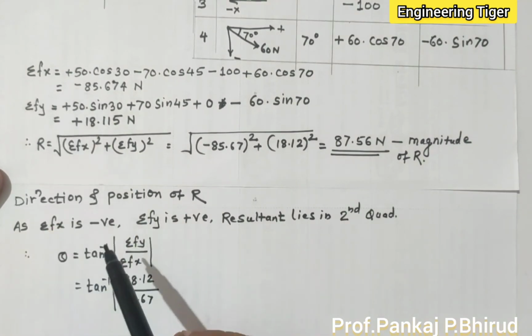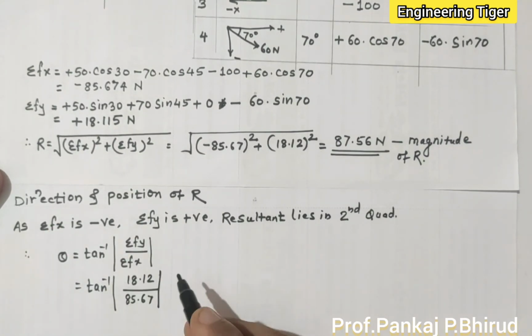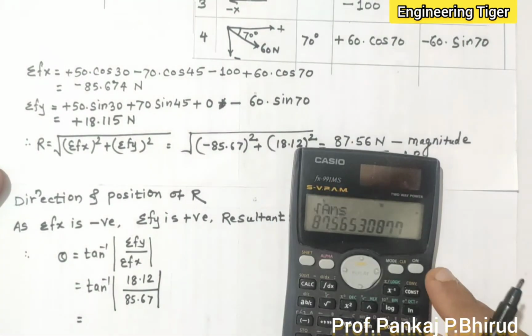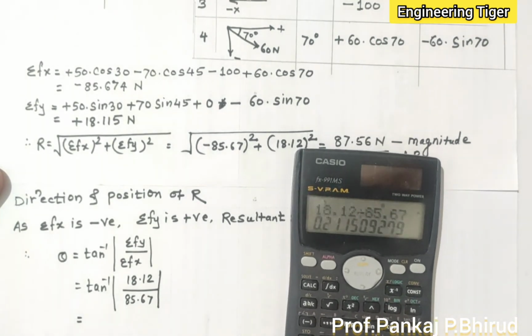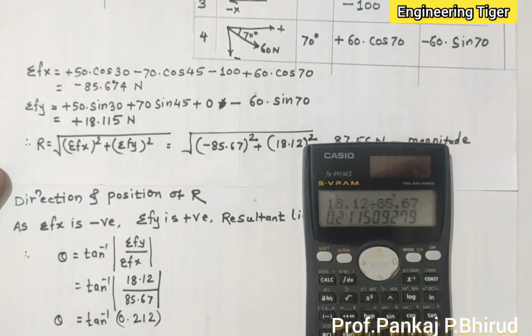Here it is negative, but we take positive because of the mod. Tan inverse of 18.12 divided by 85.67, we get 0.212. Now take the tan inverse of this, that is 11.94, so theta will be 11.94 degrees.